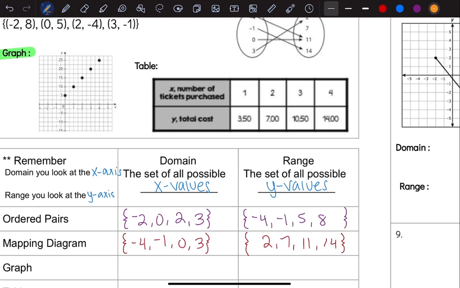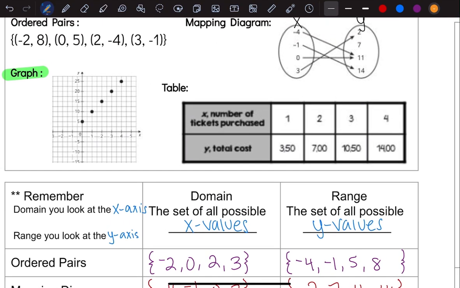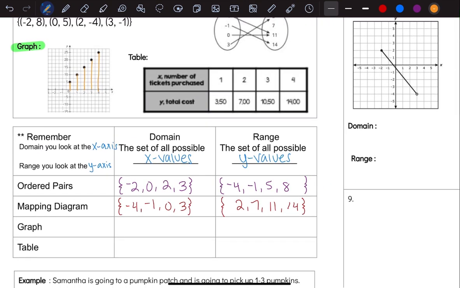For the points, we have 0, 1, 2, 3, and 4 for our x values. We're going to write that for the domain. Remember, write it from least to greatest in curly brackets.